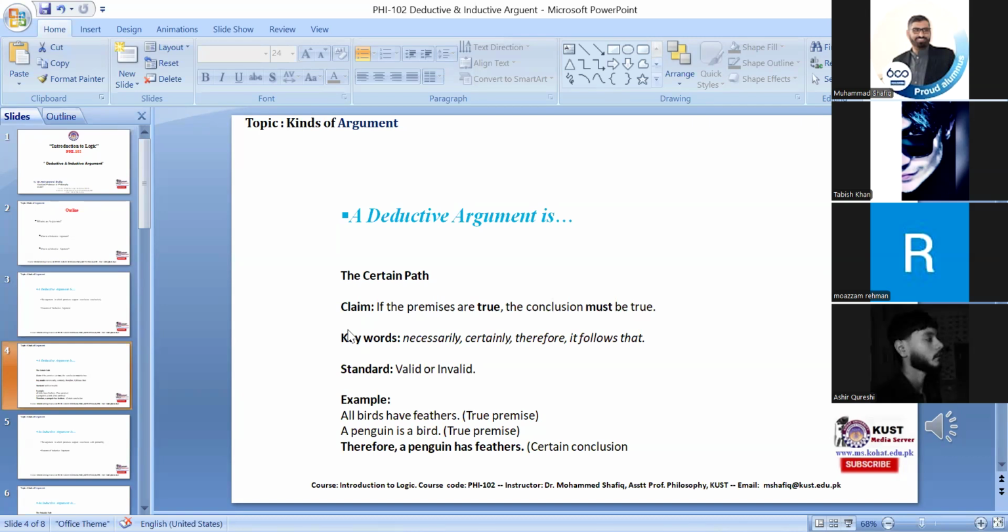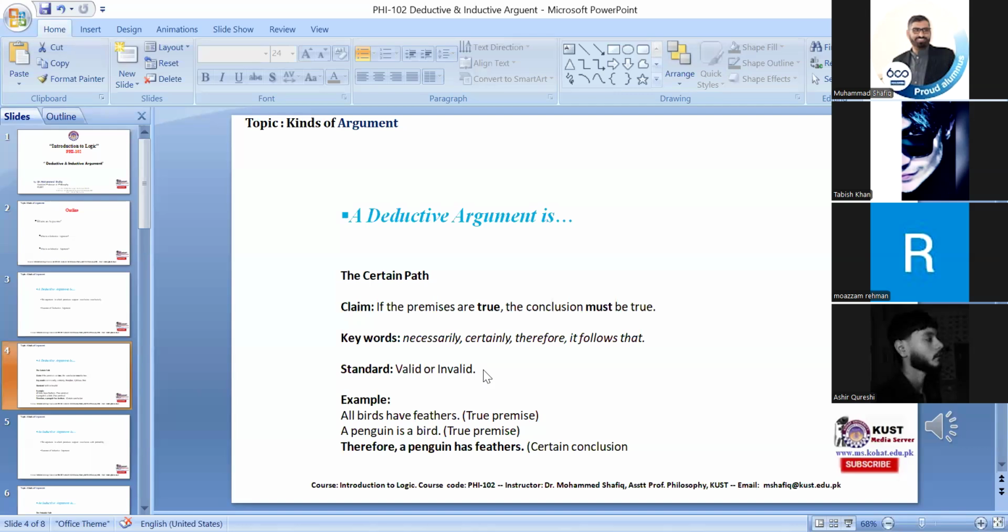Now the second feature: it always starts from general and ends on particular. The standard of deductive arguments is that they are not true or false. They are basically valid and invalid. Why?